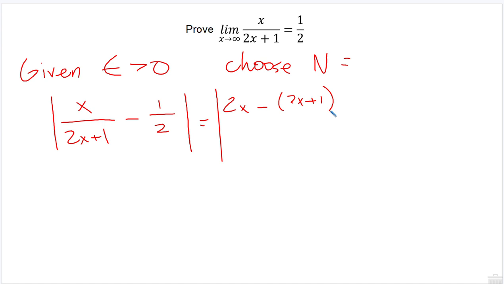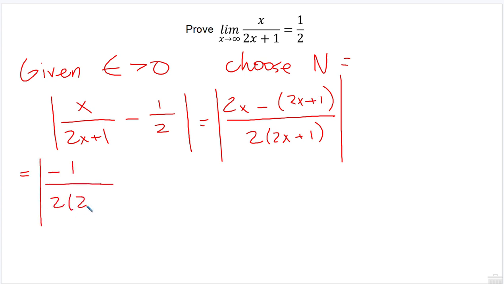Make sure you put that 2x plus 1 into parentheses as you bring it all together into one nice little fraction. Then we'll combine things together and go down another line. 2x minus 2x cancels out, and then the minus the 1, as you distribute that negative sign through, is just going to give you a negative 1. So we'll have negative 1 inside of our absolute value, we'll have 2, and we'll have 2x plus 1.